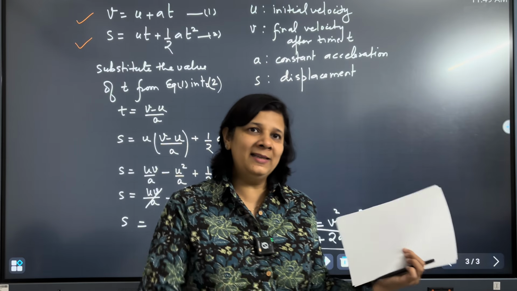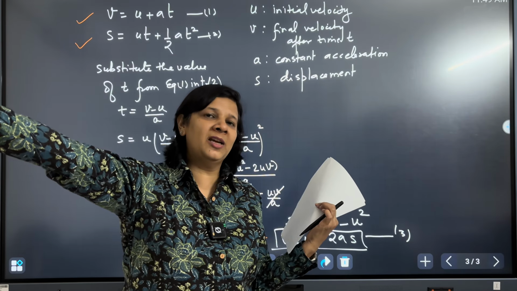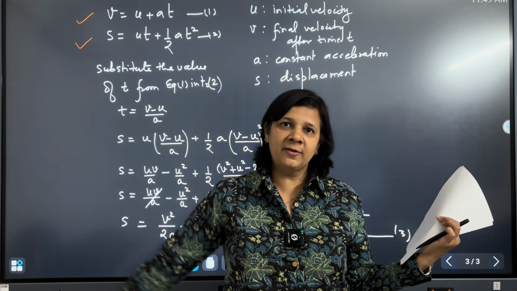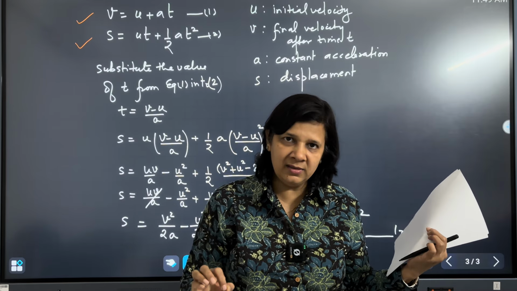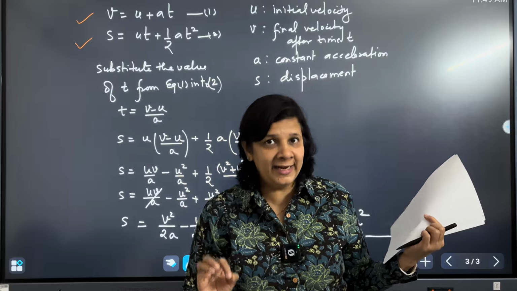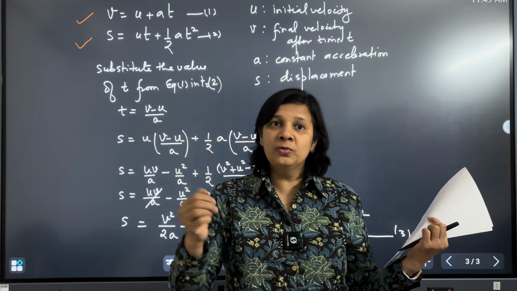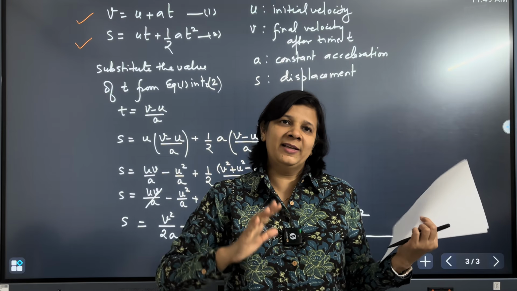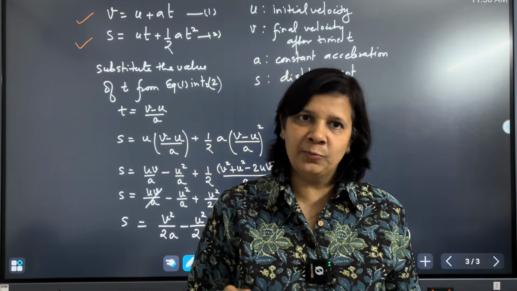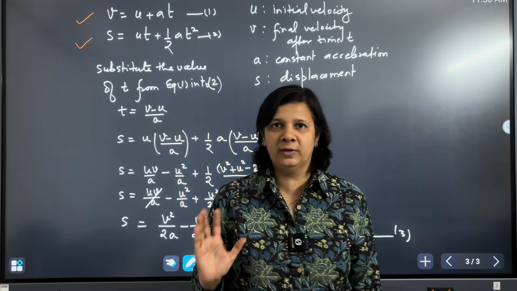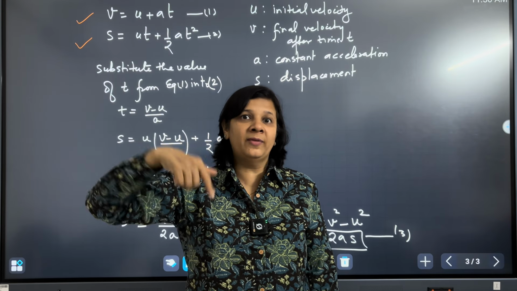We will see later in the gravitation chapter that on the surface of the earth we take acceleration due to gravity as constant, and its value is 9.8 meter per second square. I am going to show you how you get that value, but as of now we will just take it as 9.8 meter per second square on the surface of the earth. If you go to some other planet, that value will change.